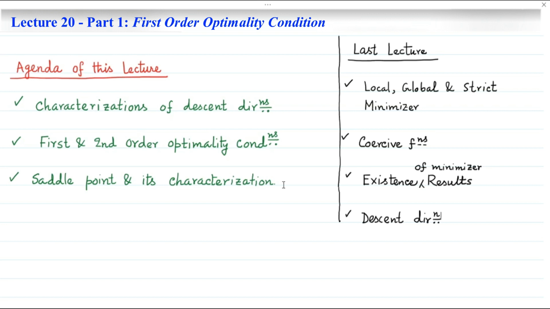And afterwards, we have given a few examples on coercive functions. We have seen that a linear function can never be a coercive function.